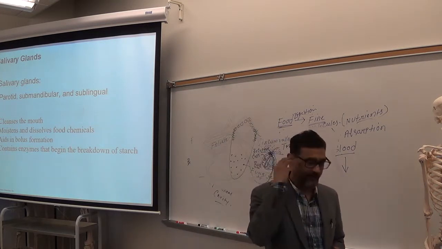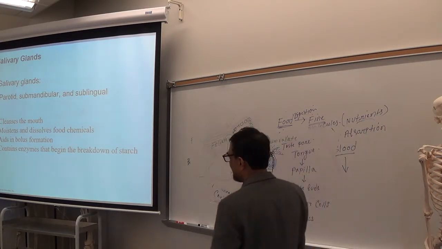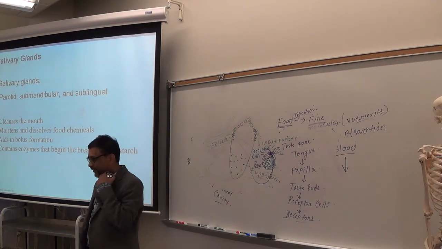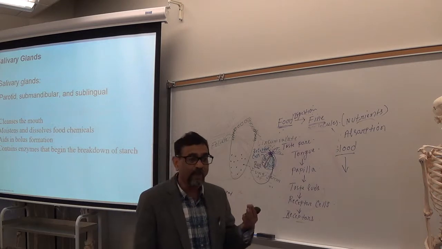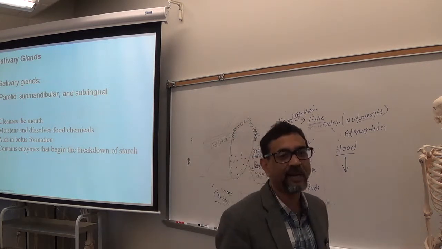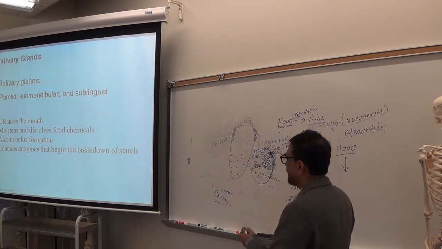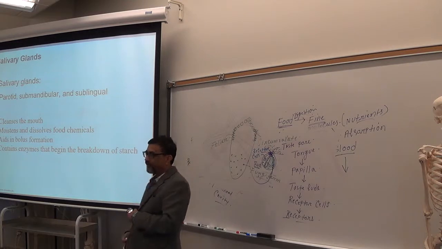So you have the parotid salivary glands. Submandibular is under the mandible, right? Its name is telling you, under the mandible. Sublingual, under the what? Tongue. Okay. So those are the salivary glands. The saliva is a highly watery secretion.